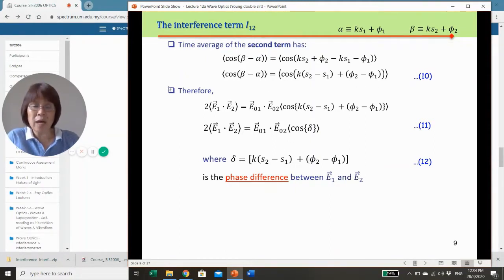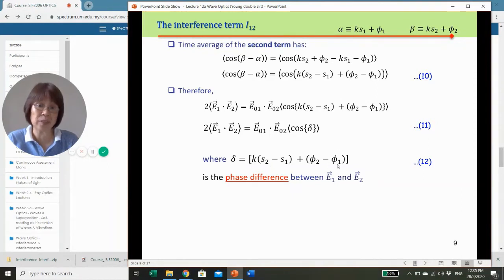So now the time average of our interference term, we drop the c and epsilon here, we'll put them back later, becomes E01 dot E02 times the time average of this function. We represent k (s2 minus s1) plus (phi 2 minus phi 1) with delta.